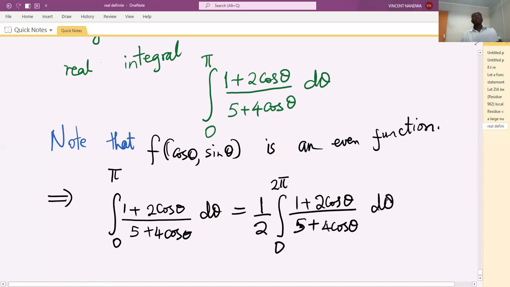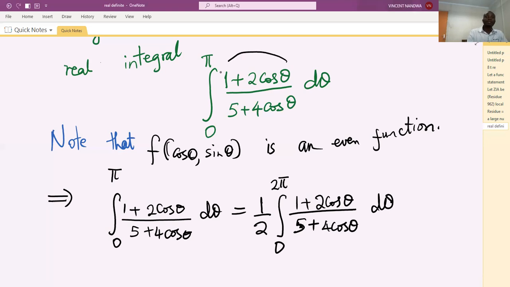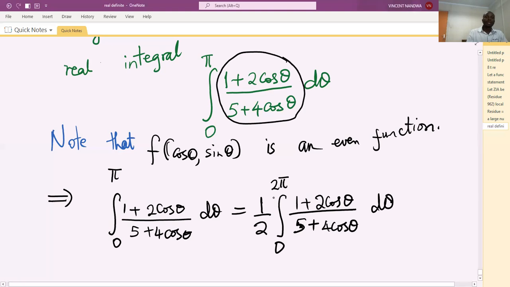Because the transformations we are going to do to the integrand dictate that the limits will be from 0 to 2 pi. And since this is an even function, then we can always have this relationship.